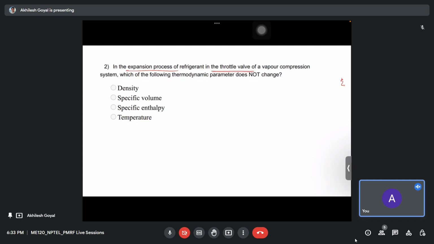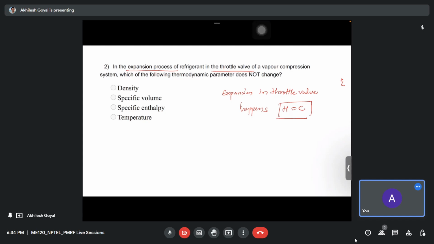We talked about it in detail in a full slide, that the expansion in throttle valve happens at constant enthalpy. Okay, so enthalpy doesn't change.